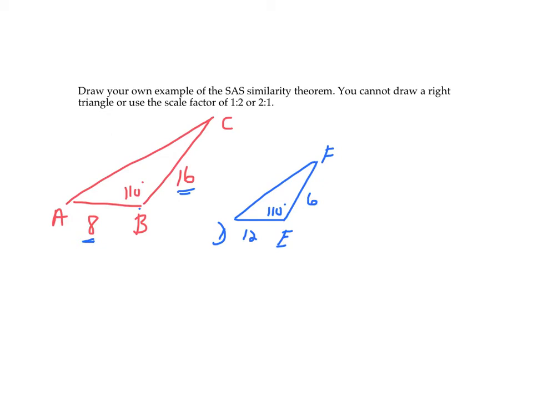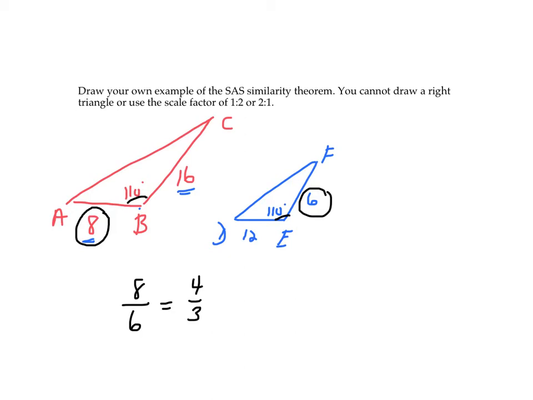Now certainly this pair of corresponding angles are congruent, so that's one thing that we have to check in order to say our triangles are similar. Now let's compare the sides. Don't worry about how I drew the triangles here. We want to compare the shortest segment from this triangle, which is 8, to the shorter segment labeled in this triangle, which is 6. Now 8/6 would reduce to 4/3.